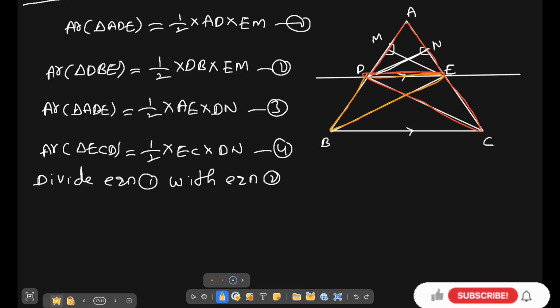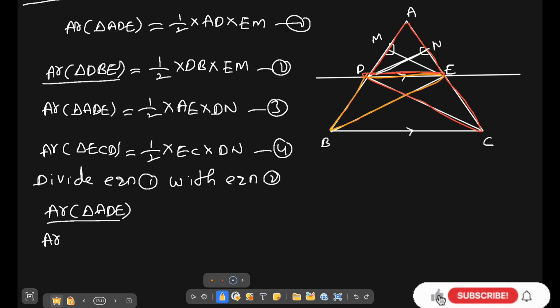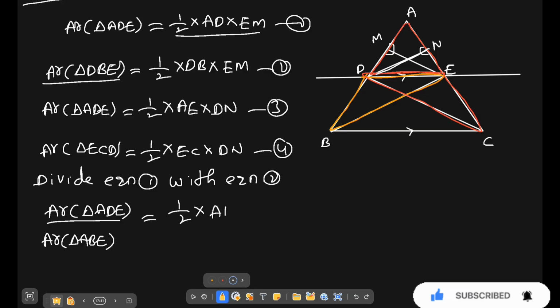LHS division, RHS division. LHS of equation 1 is area of triangle ADE, LHS of equation 2 is area of triangle DBE. RHS of equation 1 is half into AD into EM, whole by half into DB into EM.